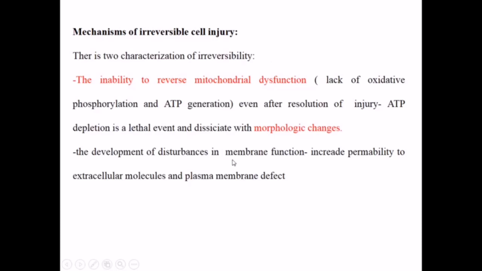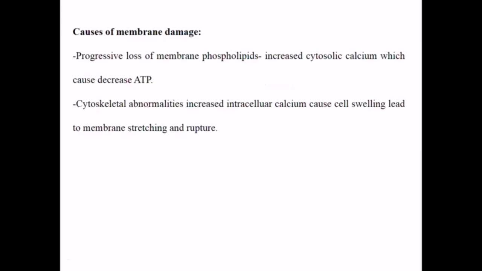The development of disturbance in membrane function. Also, there is increased permeability to extracellular molecules and plasma membrane effect. So important in irreversible injury, the ATP or mitochondrial dysfunction, also disturbances in membrane function.